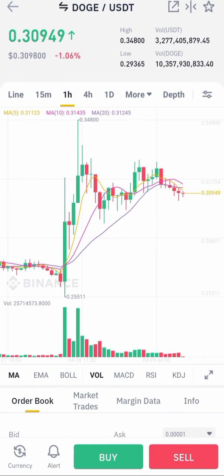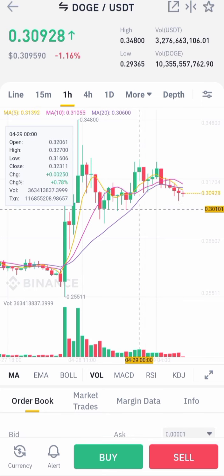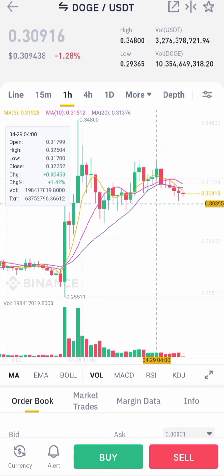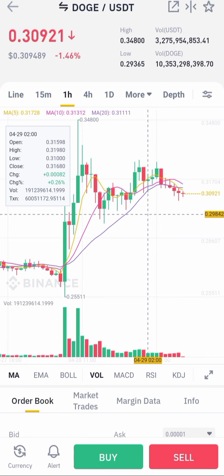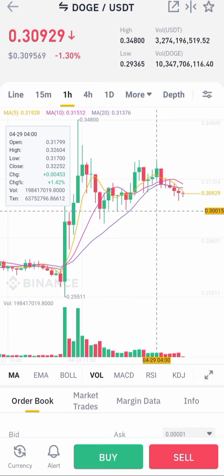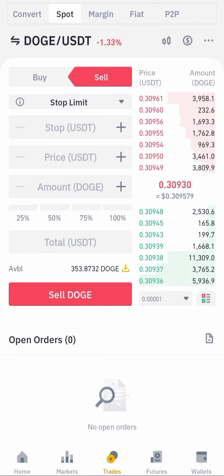Don't forget we entered at about 0.31. So let's say we want to use a stop price at 0.29 thereabout. So we're back here.